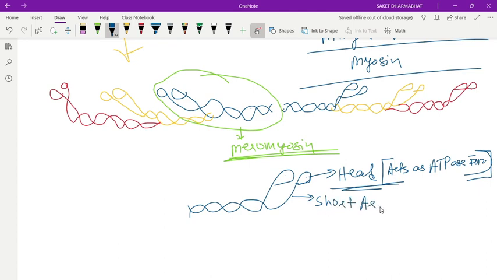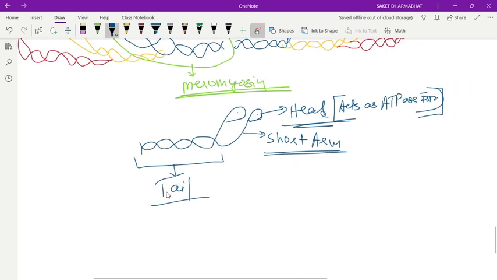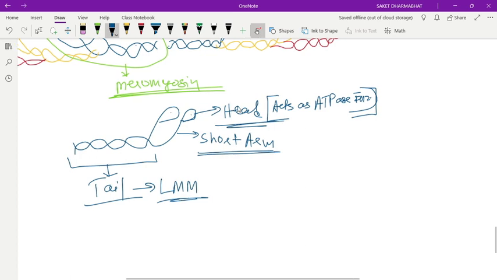Short arm. And here this portion will be called what? Tail. So head, short arm, and what? Tail. Okay, tail is also called what? LMM. LMM means what? Light meromyosin. Whereas this head and short arm together are called what? HMM. Means what? Heavy meromyosin.